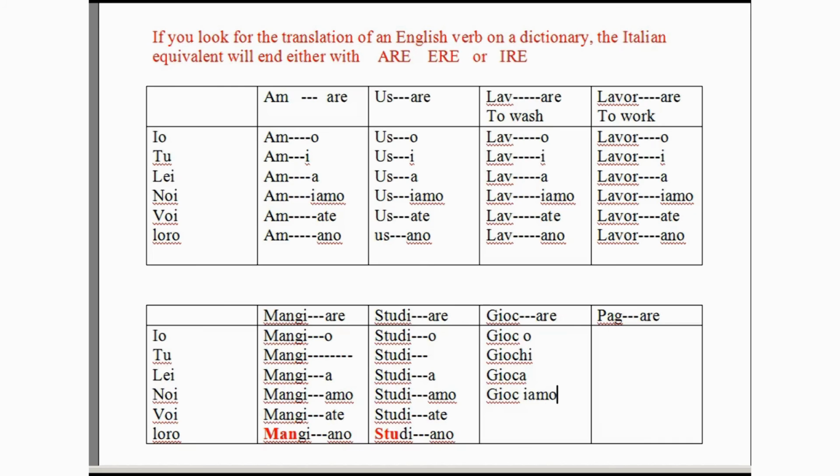Noi giochiamo. If we left it like this, we would pronounce it giochiamo. We need an H to pronounce that syllable K. Giochiamo. Voi giocate, loro, again, retracted stress. Giocano. Pagare, G and K have the same kind of behavior.